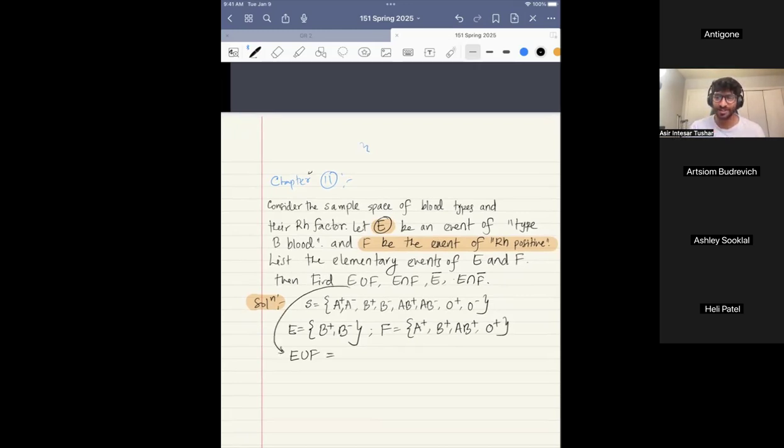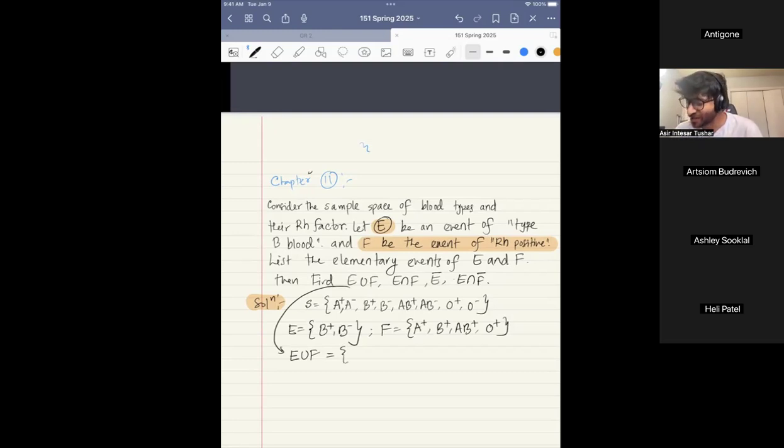Do you know how to find that? When you're finding E union F, what should I do? All of B and all of F, that would be B plus, B minus, A plus, AB plus and O plus. Yes, exactly. Thank you.